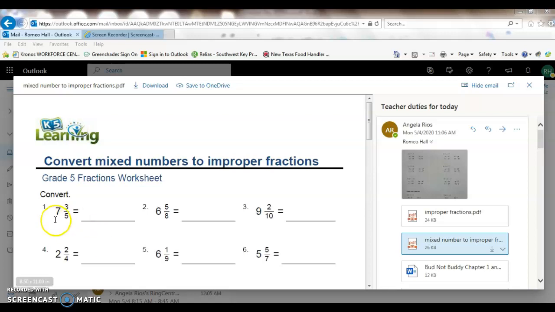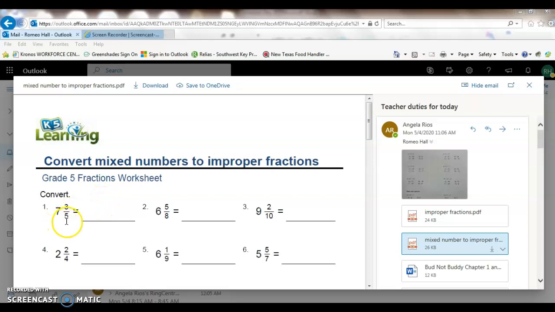After that, now we're going to find the top number, or the top part of the fraction. So right now it should be the line and 5 right here. So we're trying to find the top number.